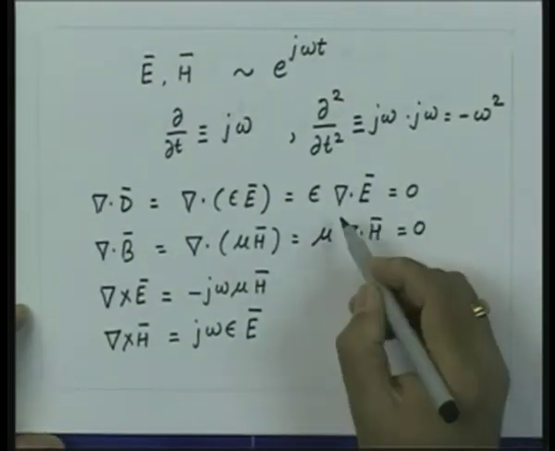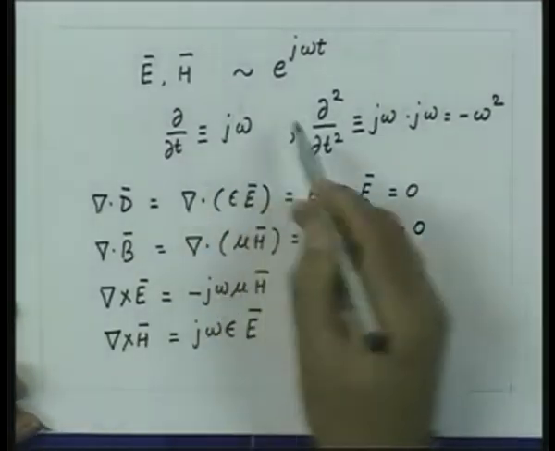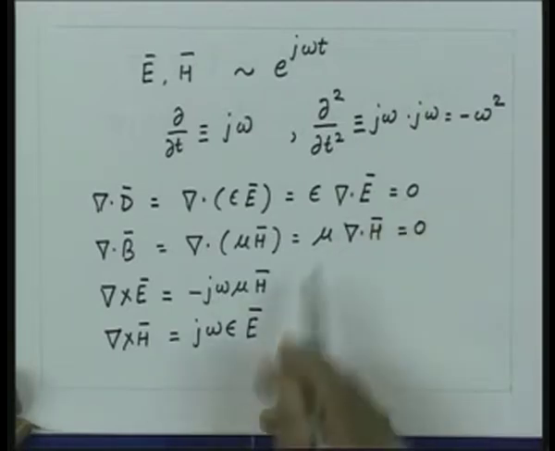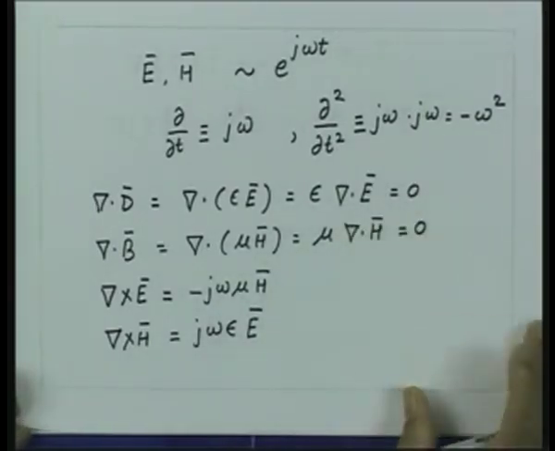Now, for this medium, which is a homogeneous medium and charge free medium, del dot E is identically 0. For this particular case, this quantity is 0.